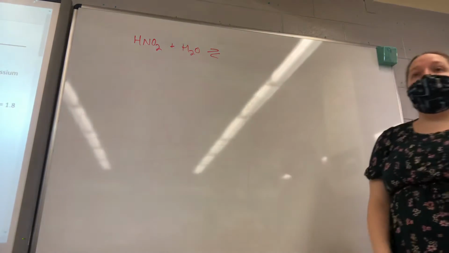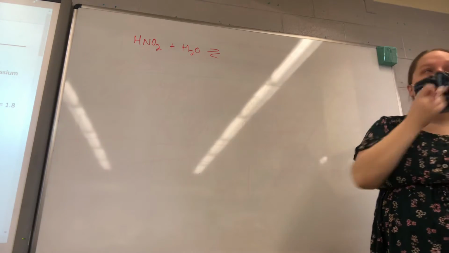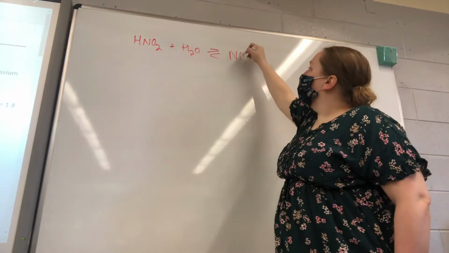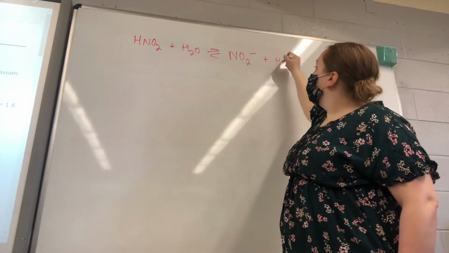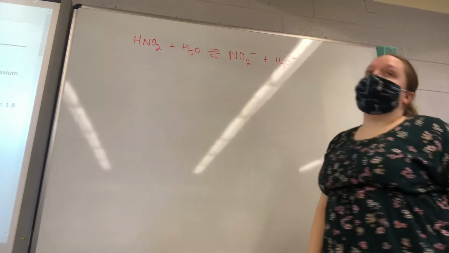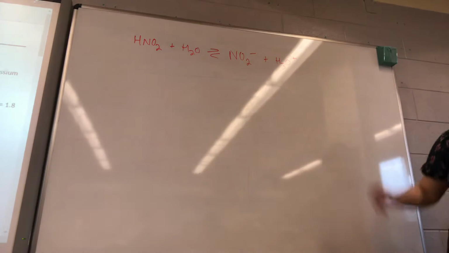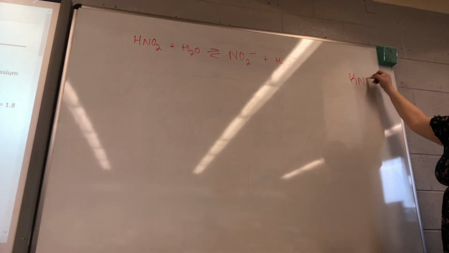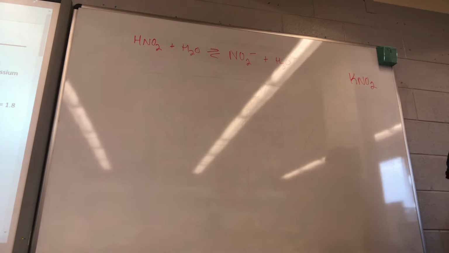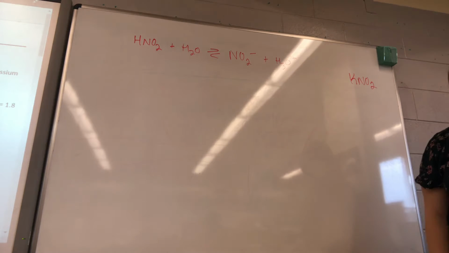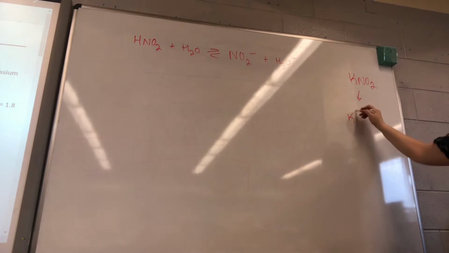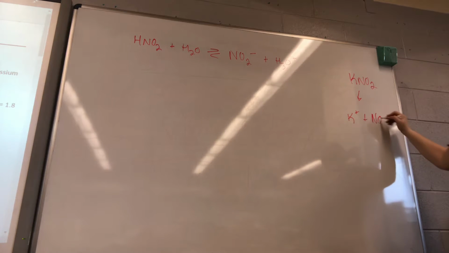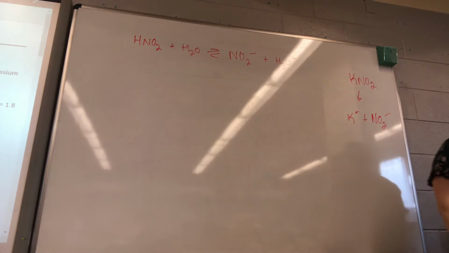The acid is, of course, going to donate its proton to water and form the conjugate base and the hydronium ion. One thing I hope you remember from way back when we talked about salts is they do tend to dissolve into the two parts.